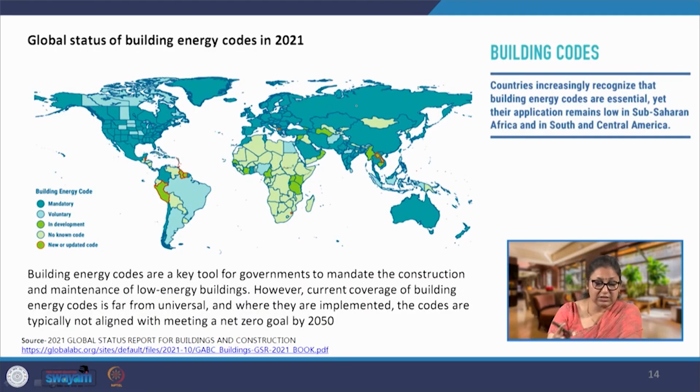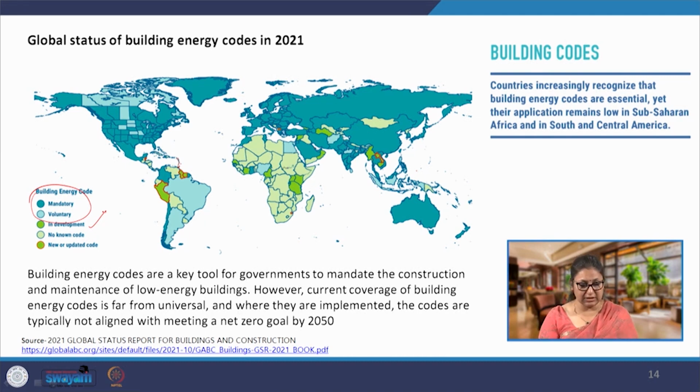Now, if we look at one of these indicators, which was building codes, we will see that more and more nations have actually come up with building energy codes. All the dark blue and the light blue that we are seeing on the world map here are the nations or states which have already notified the building energy codes in their respective nations or states, either mandated or not mandated. In some cases, which are in green here, the building energy codes are in the process of development, and the others, which are fewer, are the ones where no known building energy code exists.